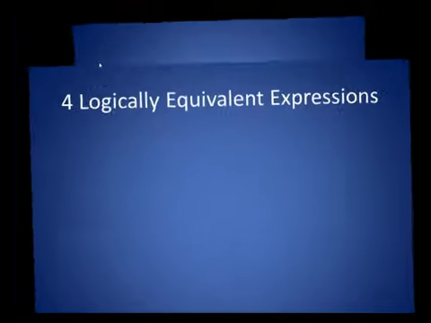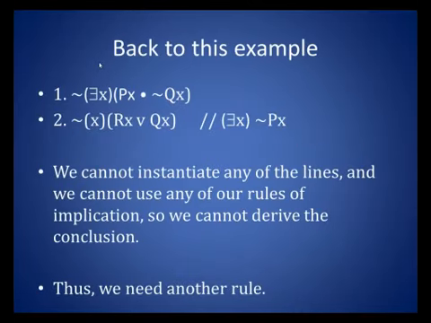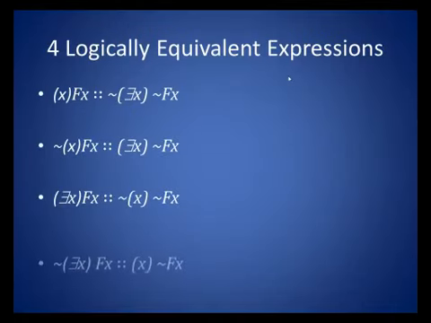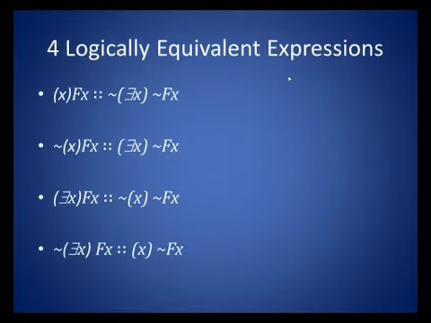So backing up for just a second, remember this example. Notice, I can't use any of my rules of implication, nor can I instantiate any of this. So what will I need to do? Well, if I use my change of quantifier rule, it may allow me to instantiate and therefore be able to solve the problem. Okay, so let's go through each one of these one by one.